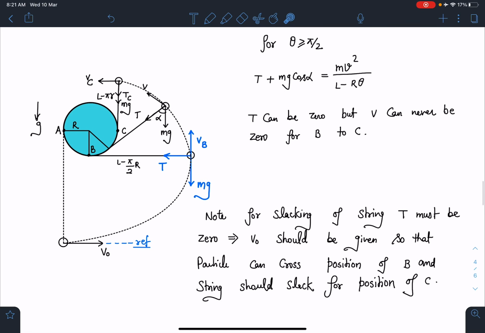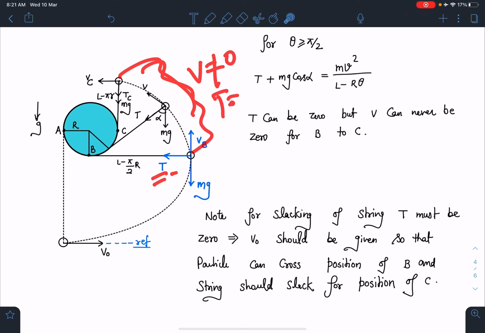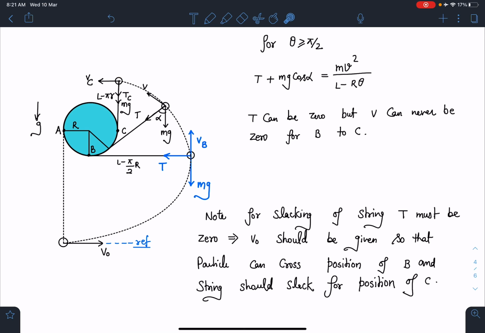So one critical point I'm getting at B, another critical point at C, by using similar logic of vertical circular motion. Corresponding to point B, the tension is 0. In this zone, V can never be 0, tension can be 0, and in this zone tension can never be 0 and V can be 0. This is how vertical circular motion works.